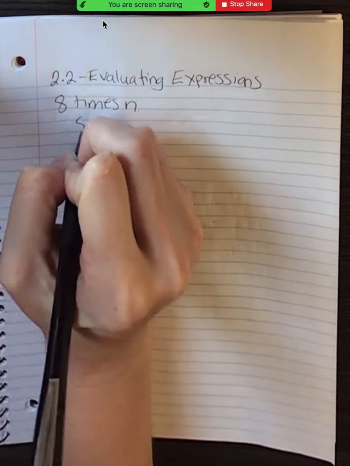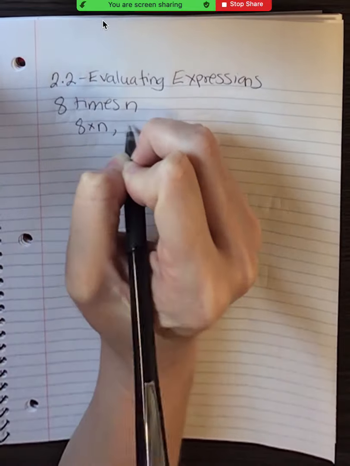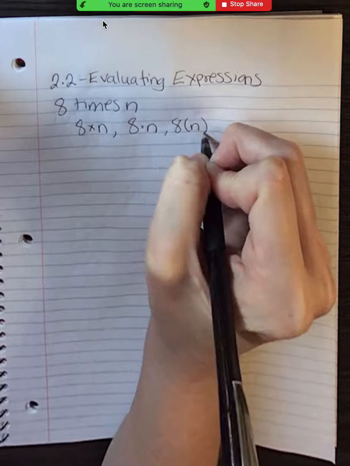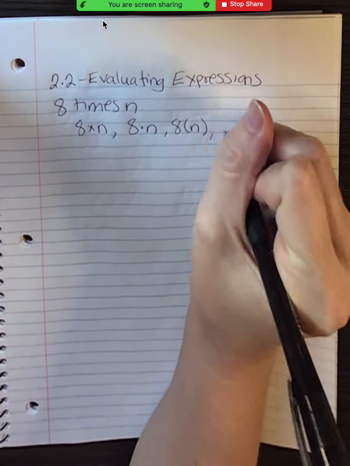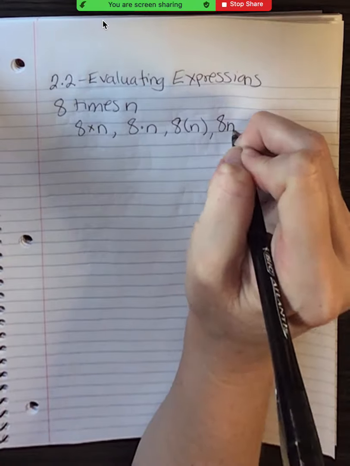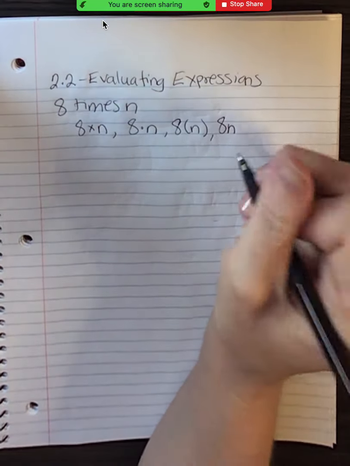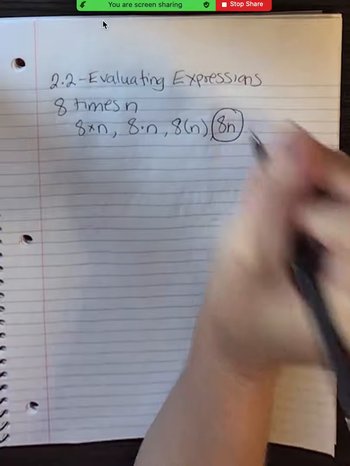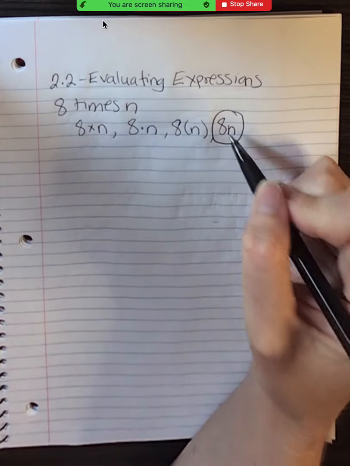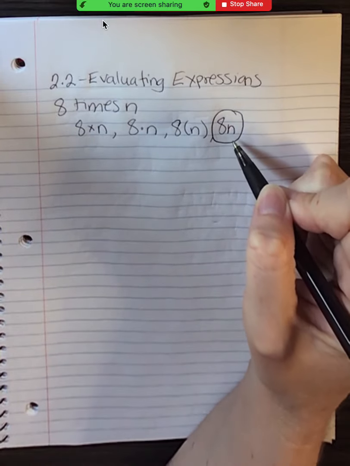We could write it as 8 times n, or when you have a variable, you can write them right next to each other and the multiplication is implied. This way is how we're generally going to write multiplication for algebraic expressions that have a number multiplying by a variable.